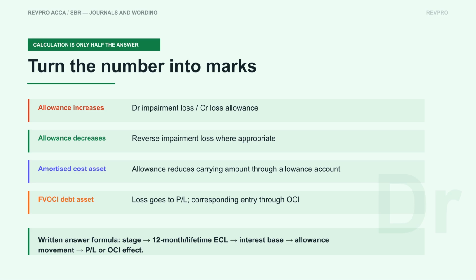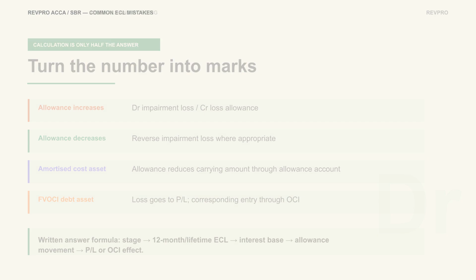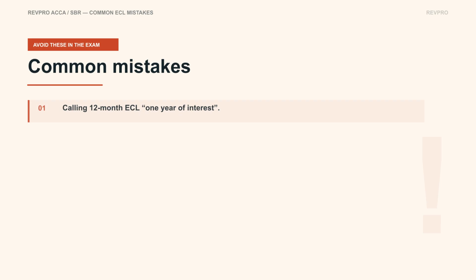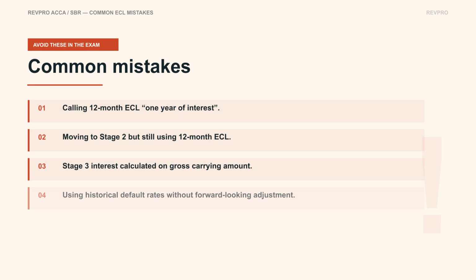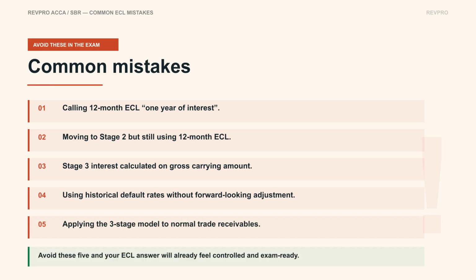Before the final checklist, here are the common mistakes that cost marks. Mistake 1. Treating 12-month ECL as 12 months of interest. It is not. It is expected credit losses from defaults possible in the next 12 months. Mistake 2. Moving to stage 2 but forgetting to use lifetime ECL. Mistake 3.